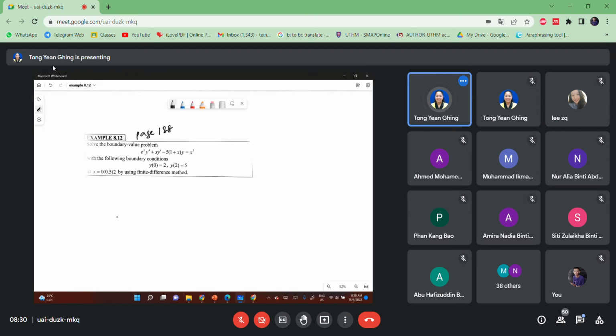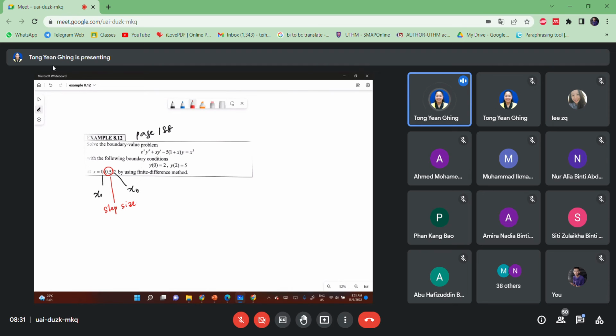Given that y0 is 2, the value of y when x is 0 is 2, the value of y when x is 2 is 5, and then this one means the step size. After x0, this is the xn, the domain, the boundary, and this one is the step size.